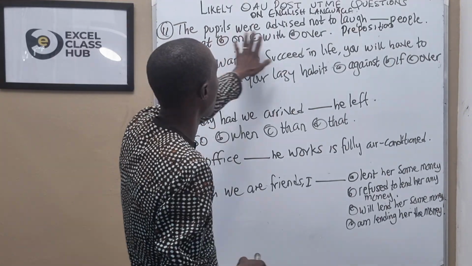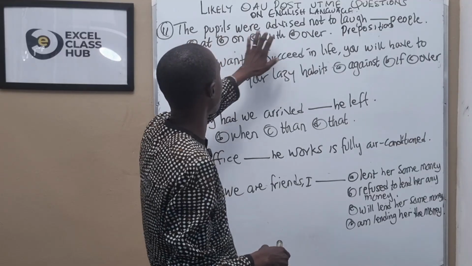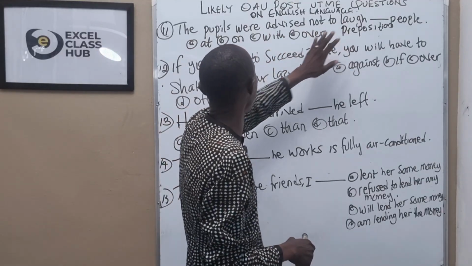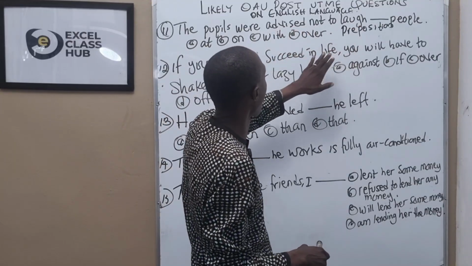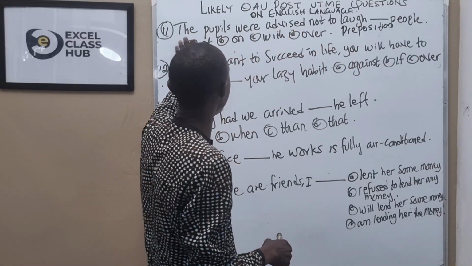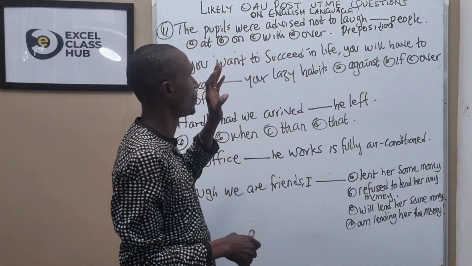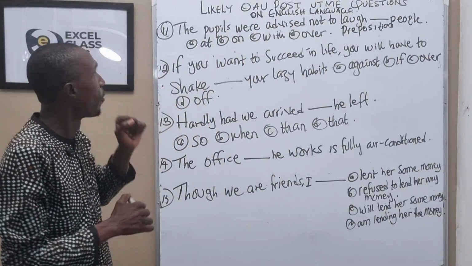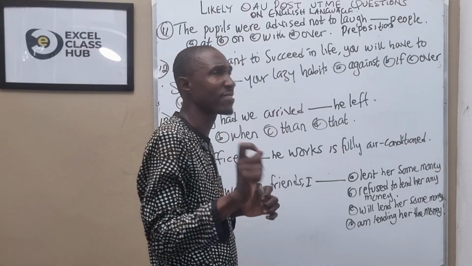So the pupils were advised to laugh at, the pupils were advised not to laugh on, the pupils were advised not to laugh over, the pupils were advised not to laugh with. Now, how are you going to pick the correct answer here?